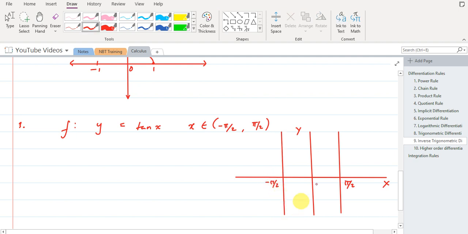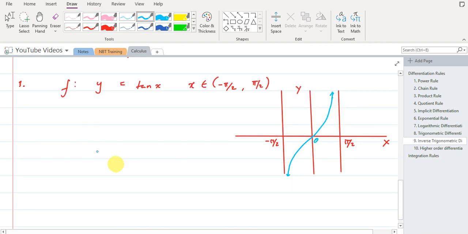So we have an entire tan graph here, and it is a reflection about the line y is equal to x. So the vertical asymptotes now become the horizontal asymptotes. So f inverse is x is equal to tan y. Therefore y is equal to tan inverse x, or arc tan x.